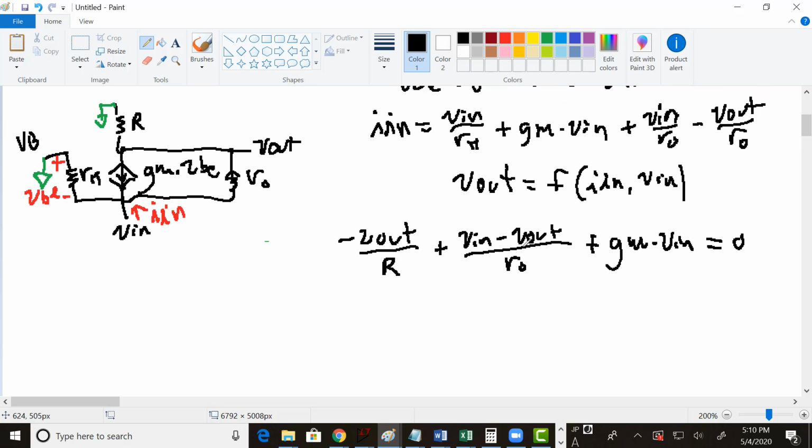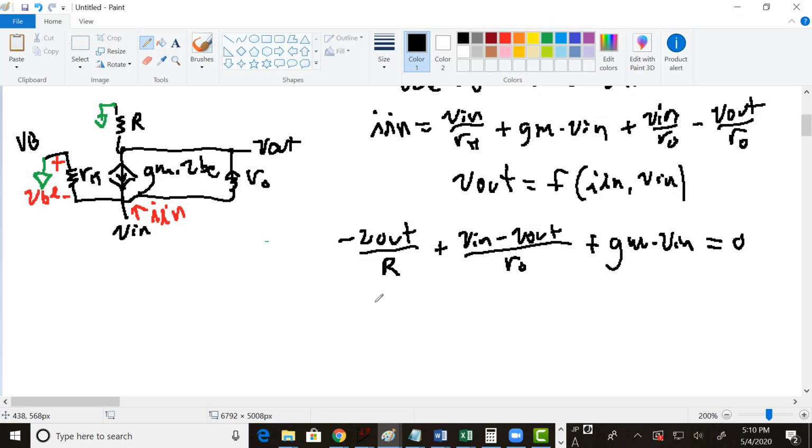We have an equation with just V in and V out, and that's good because when we pull V out over to one side of the equal sign, we want the stuff on the other side of the equal sign to only have In and Vn, and this would only have Vn, so that satisfies this function. So let's do that.